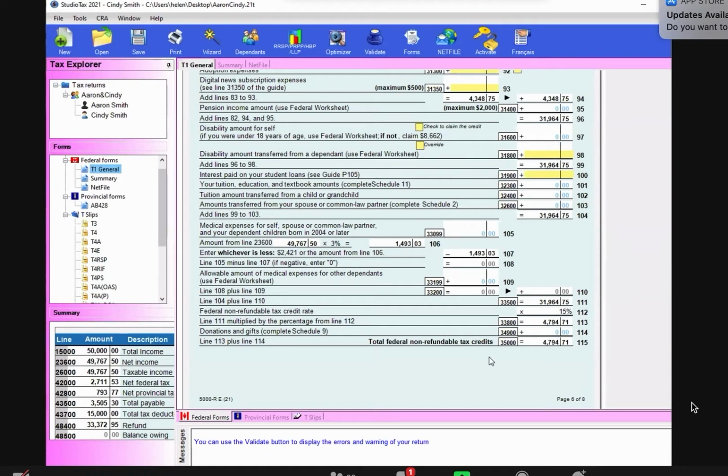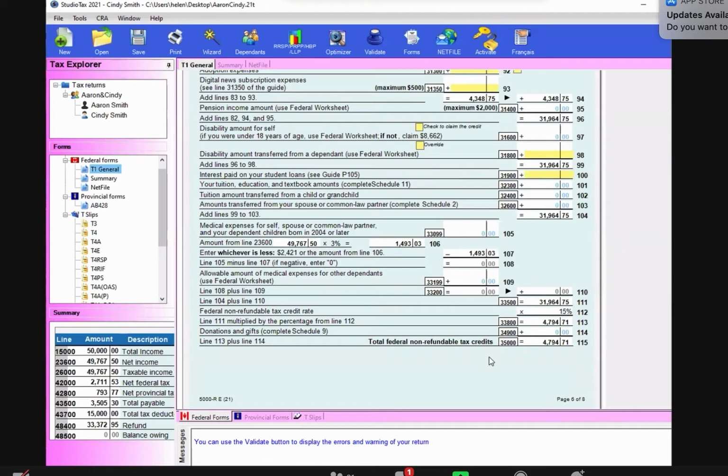For example, if Jackson has $3,000 in medical expenses, that is because they depend on Aaron and Cindy. So is it Aaron or Cindy who paid? It doesn't matter. So for example, it is $3,000.